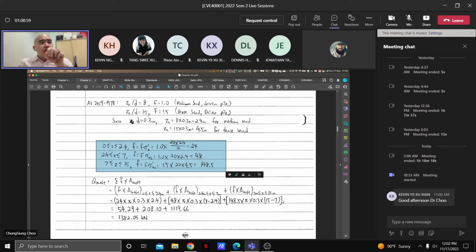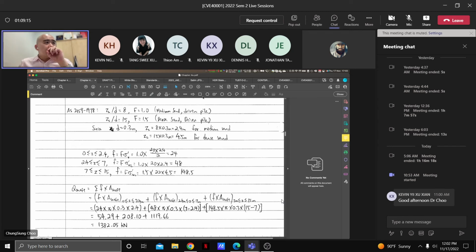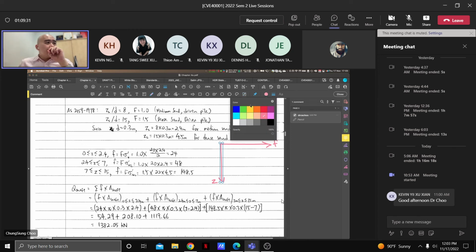Let me just draw it. It's like this. This is F, and this is depth. So the top is 2.4 meters.